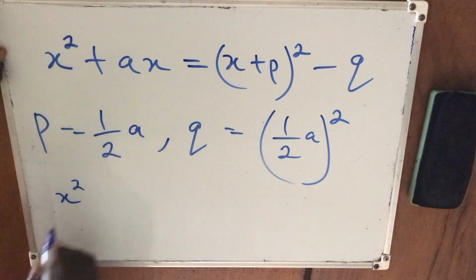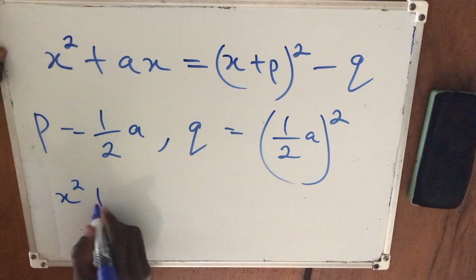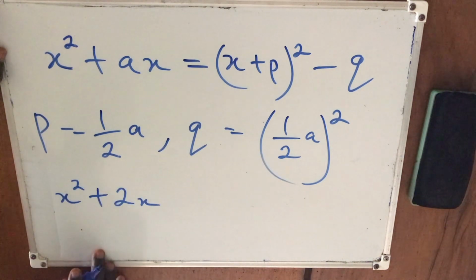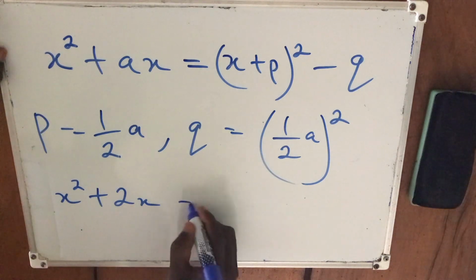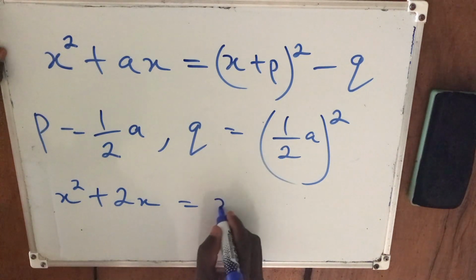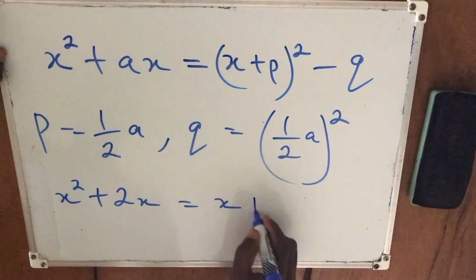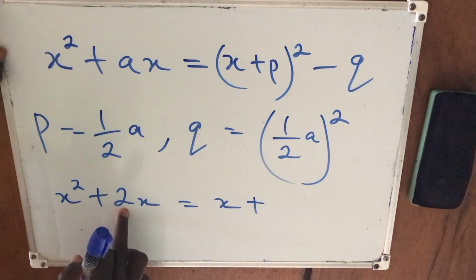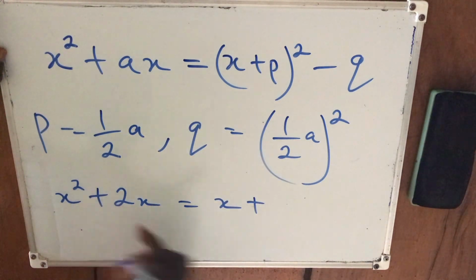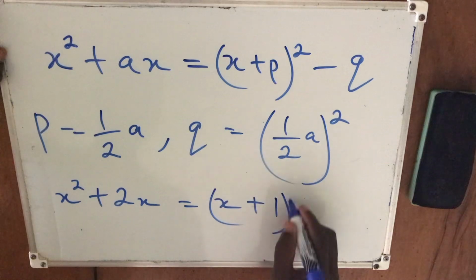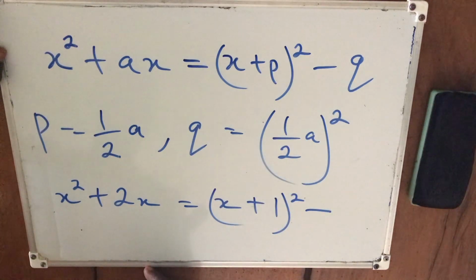Write the quadratic expression x squared plus 2x in complete form. This will be the same as x plus, the coefficient of x is 2 and half of that is 1. So that's x plus 1 all square minus the square of half the coefficient of x.